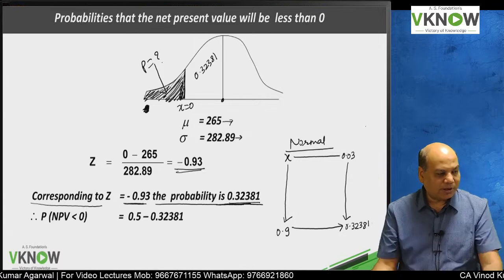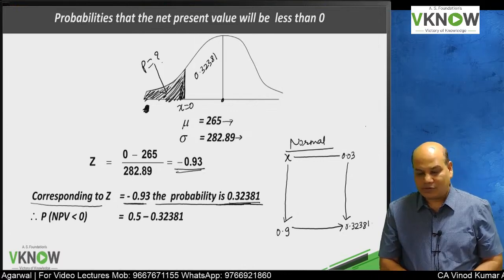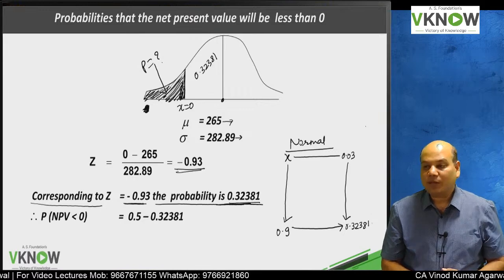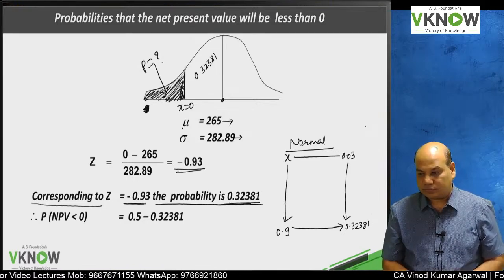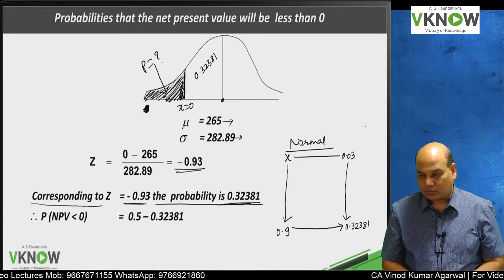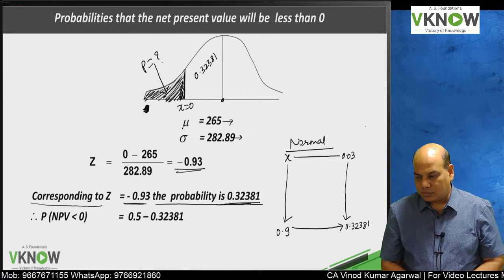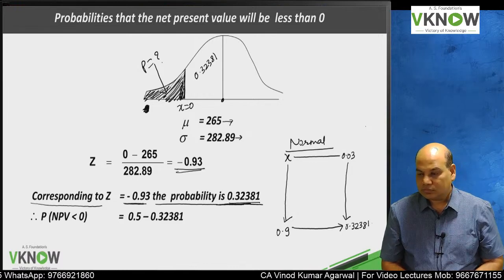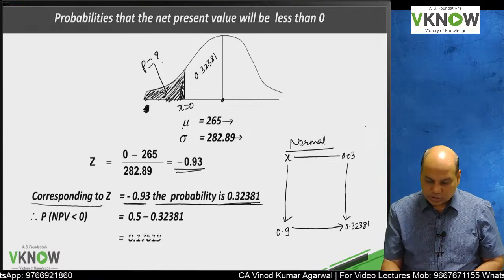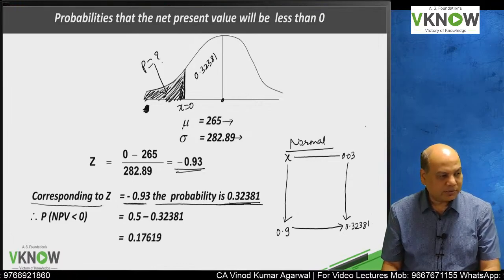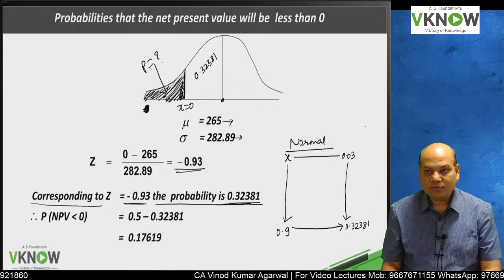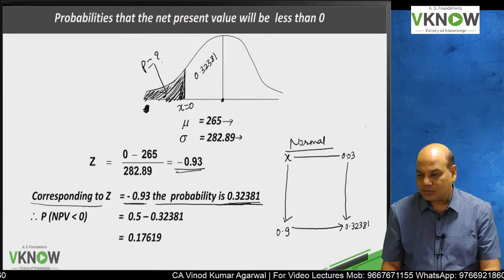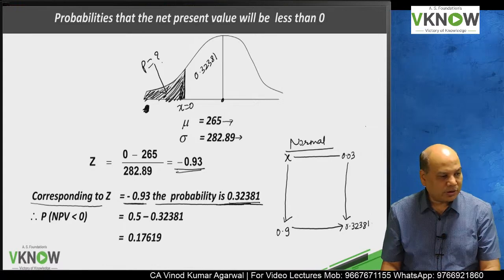The probability NPV less than 0 is 0.5 minus 0.32381, and that is equal to 0.17619.